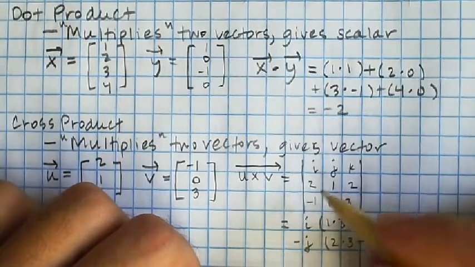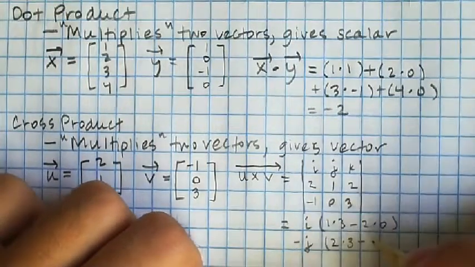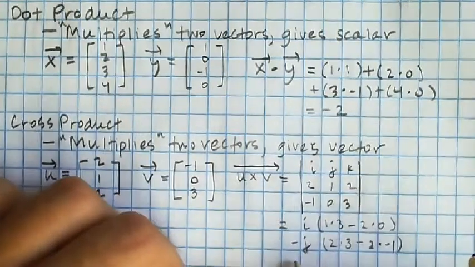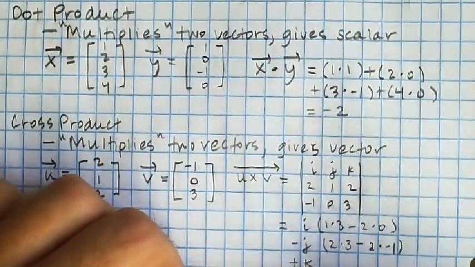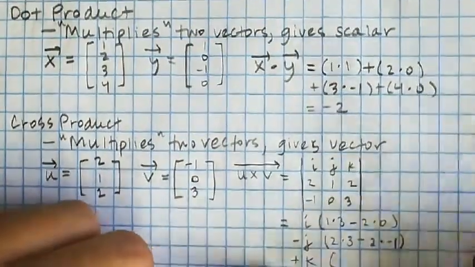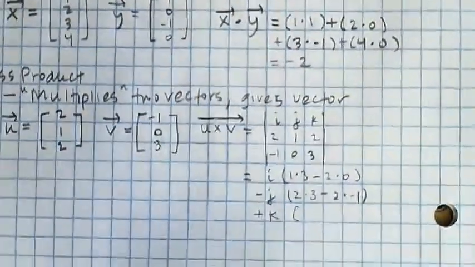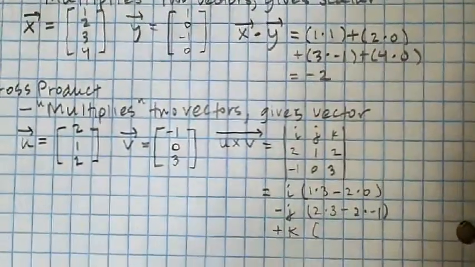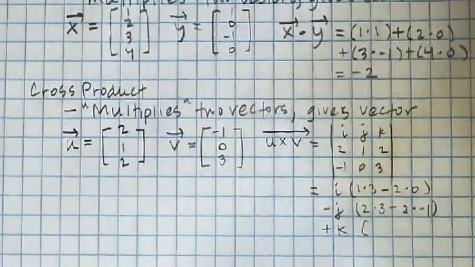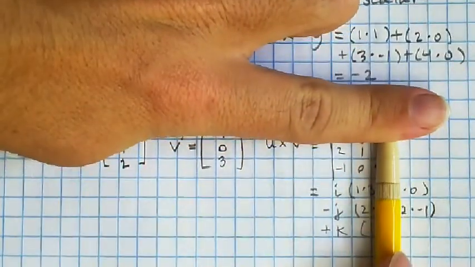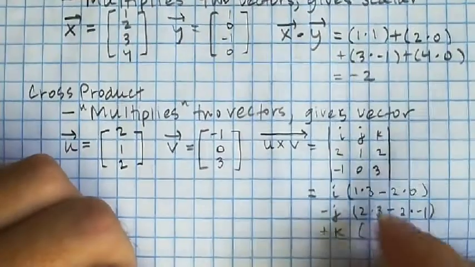So I've got 2 times 3 minus 2 times negative 1. And then it switches to plus k times, you can barely see that, I'm holding it for room on this page, you cover that up, 2 times 0 minus 1 times negative 1.